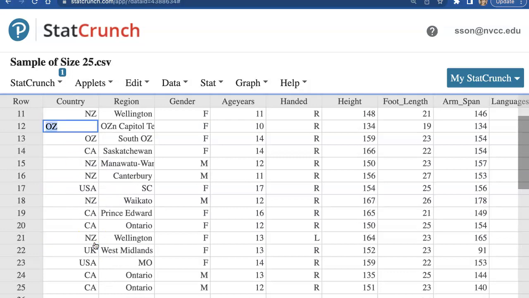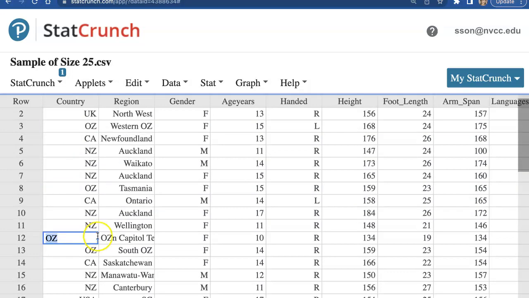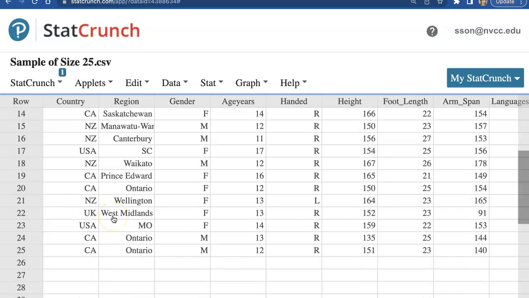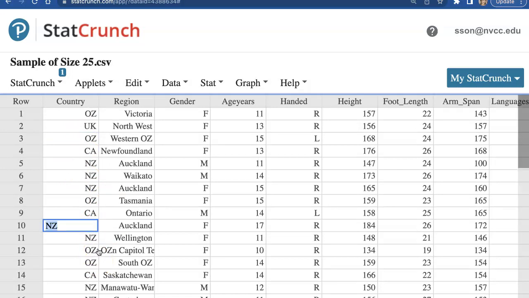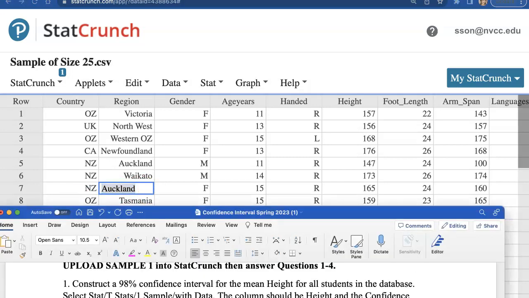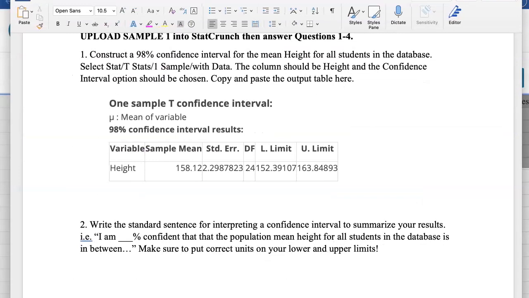I don't even have students from the US. But they're not all over the world, right? I don't see any Asian countries, I don't see any African countries. So I wouldn't say the population is students from all over the world. I would just limit the population and say all students in the database.